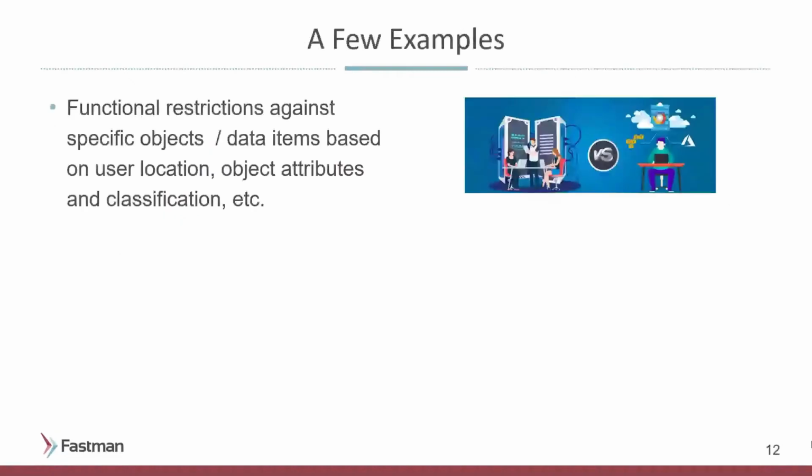So let's talk about a few examples. So functional restrictions. We might want to stop what people can do, what they can execute, based on location or attributes or classification. So you might say that for items that have a classification of as built, you only want people to be able to access or download those items.